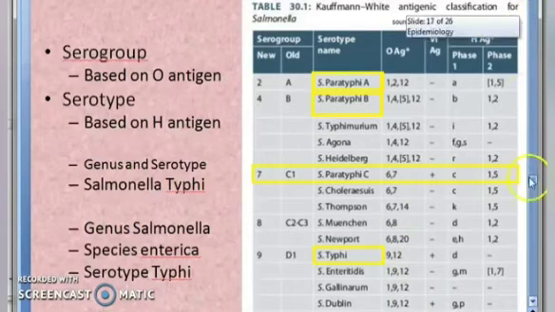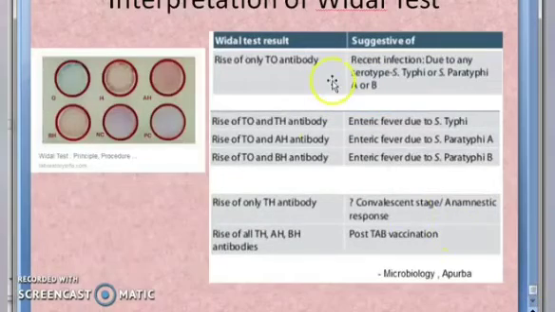So, if you use that, definitely you will get TO rises, meaning either some infection, typhoid or paratyphoid, something this person has. Now, if TO and TH increase, then it is definitely Typhi. If TO and AH increases, definitely Para-Typhi A. If TO and BH increases, definitely Para-Typhi B. No doubt, these 4 are clear.